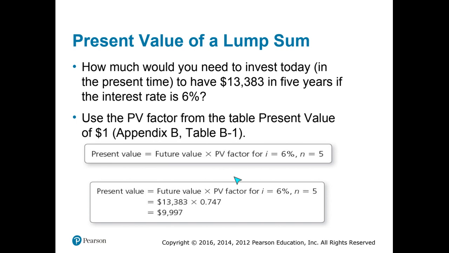The period is 5, and 6% is the percentage rate. So you look for period 5 and then 6%. That's the factor you'll use right there.